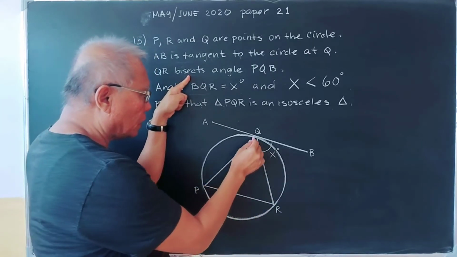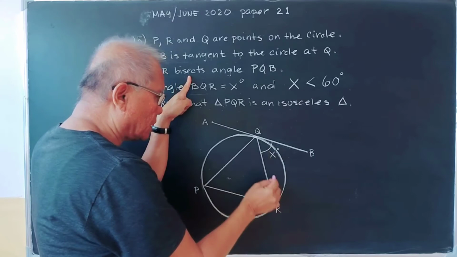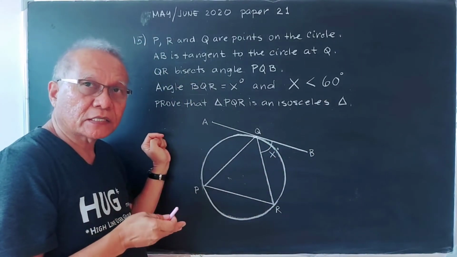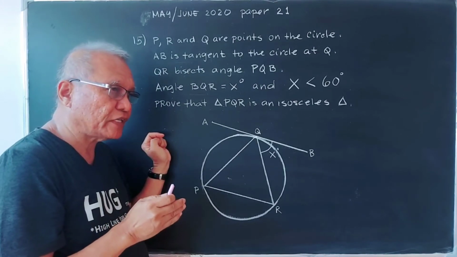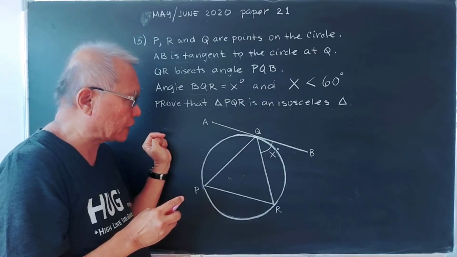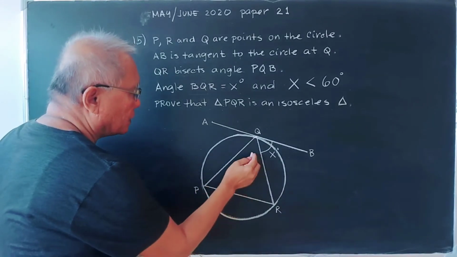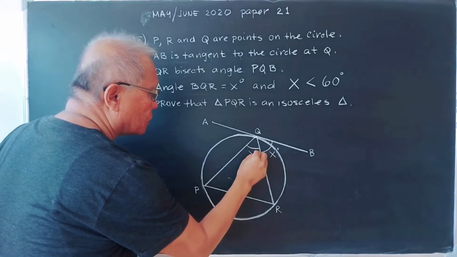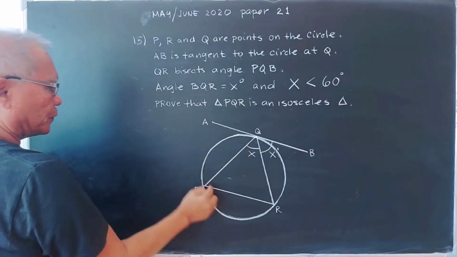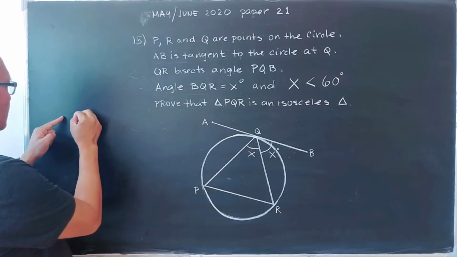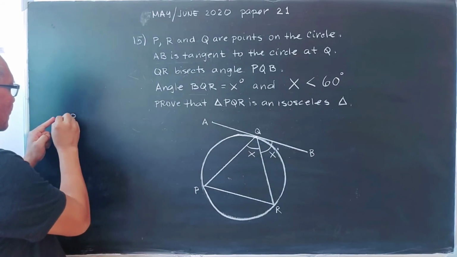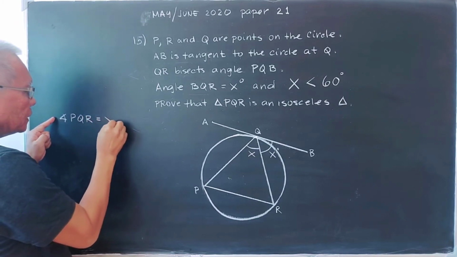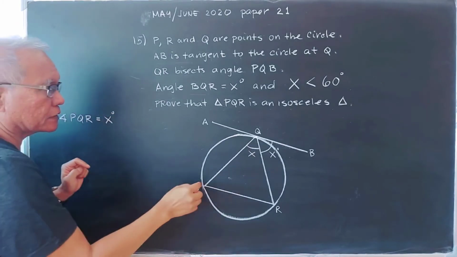So QR bisects this angle here. What do you mean by bisects? Bisect means to divide into two equal parts. So this angle here is also x. So let's put here, angle PQR is also equal to x.